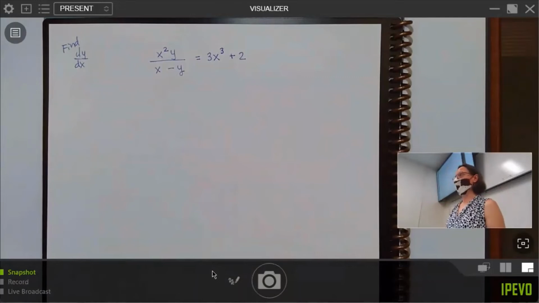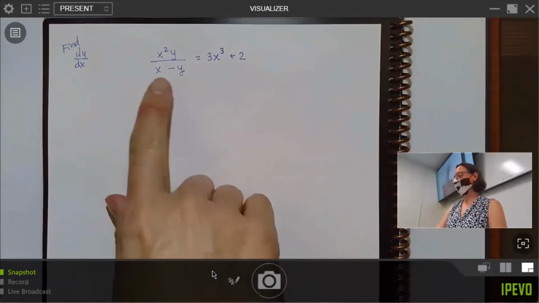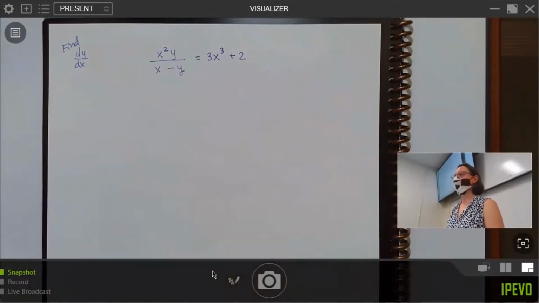Have choices. One choice that we can make, because we're going to do this implicitly anyway, we can rearrange this stuff right now if we want to. Meaning I could choose to multiply both sides by x minus y before taking the derivative. And that's probably what I would choose to do with that fraction.